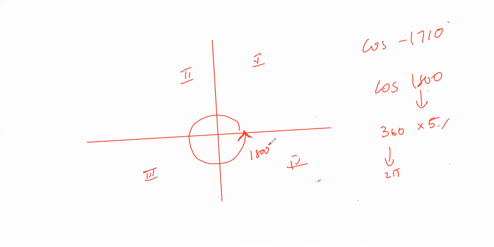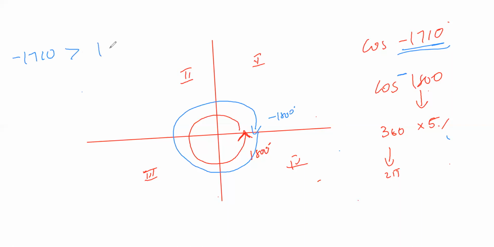But if it is minus 1800, it will end up where? It will end up here, this point, negative 1800. The question is minus 1710. We know that minus 1710 is greater than minus 1800, correct?